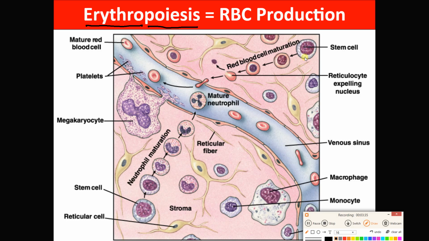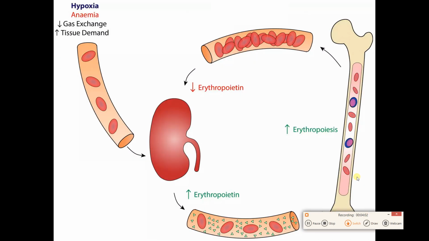As it goes down the red blood cell pathway, look how the nucleus gets ejected, because we know our final red blood cell has no nucleus. Notice how we also are going to acquire that characteristic biconcave shape. All right, let's see if we can advance the slide here.